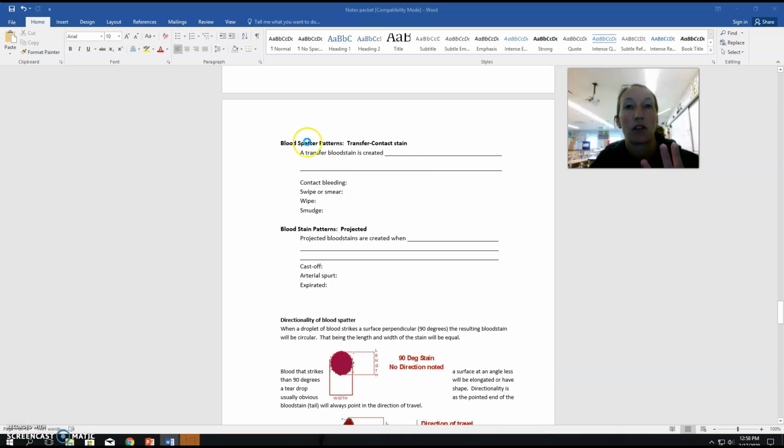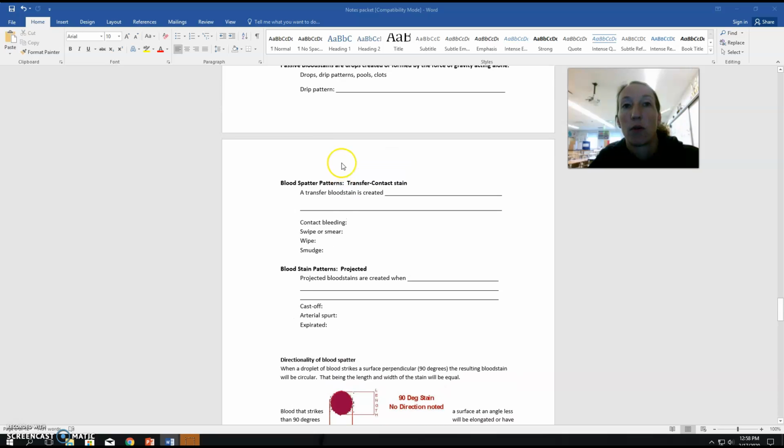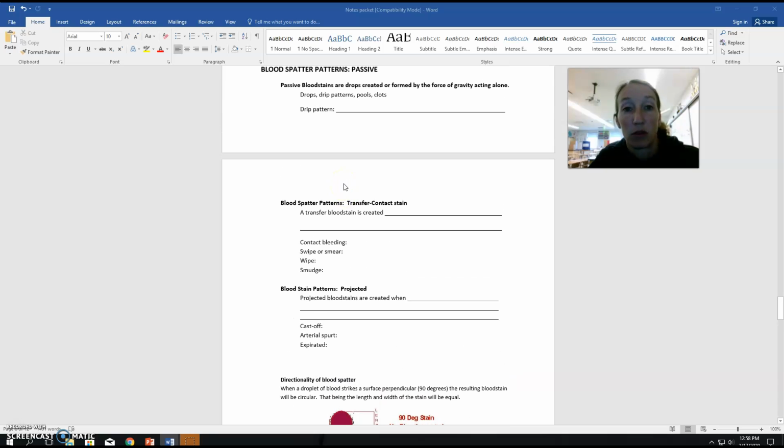And then finally, you have your transfer contact stains, where blood from a primary surface landed on a secondary surface where there wasn't any blood. Hopefully you were able to go back and look through your notes at which ones fall into which categories, but we'll do that in a second.